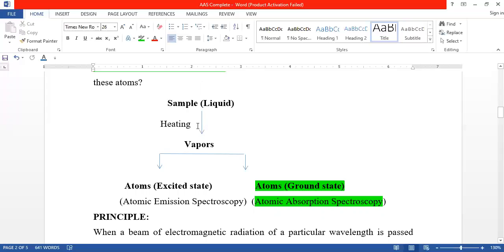After heating, our sample is converted into vapors, and in these vapors atoms will be present. After conversion into atoms, some atoms are in the excited state, you can see the diagram, and some atoms will be in the ground state.